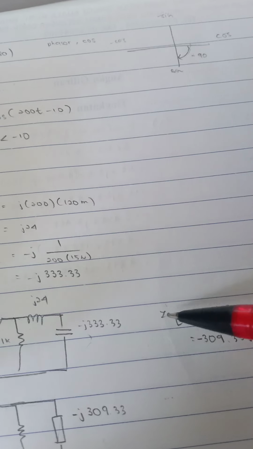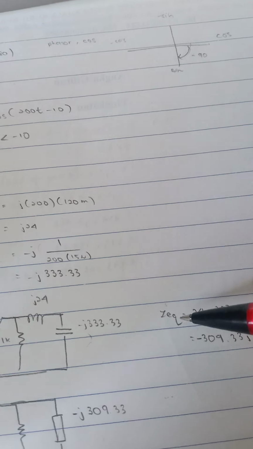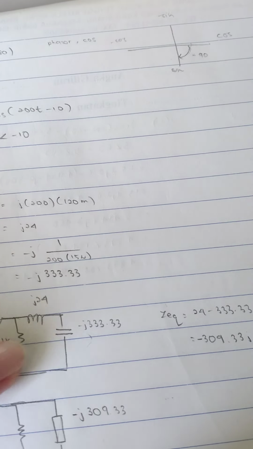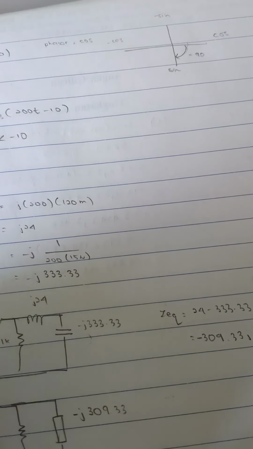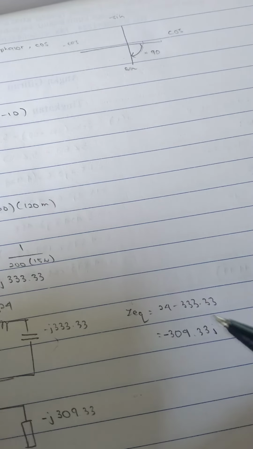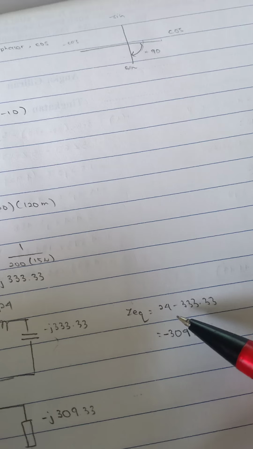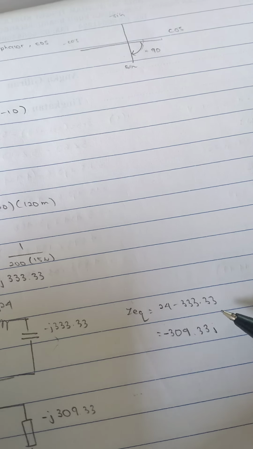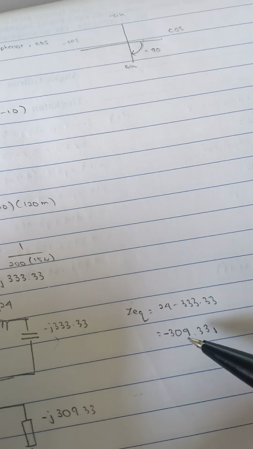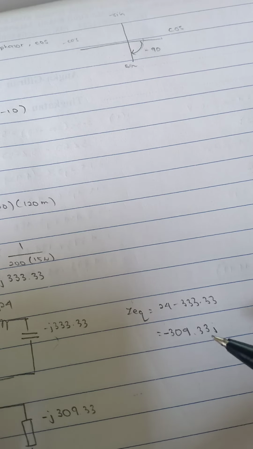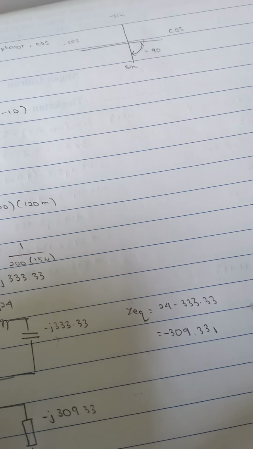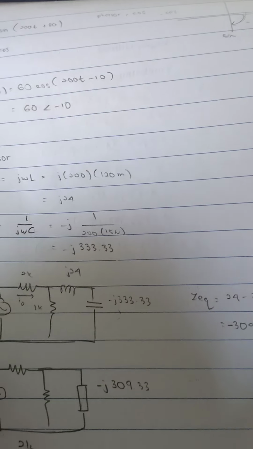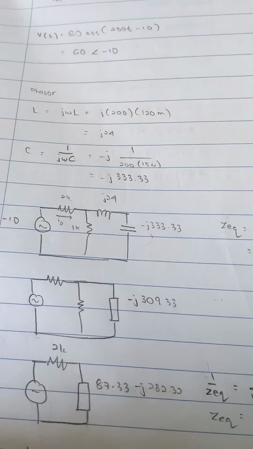For the equivalent impedance, because this is a series, we just add. So 24 plus minus 333.33, we will get minus j309.33. So this is the next circuit.